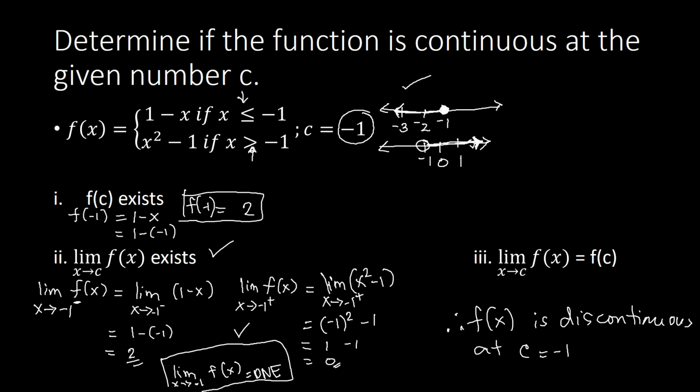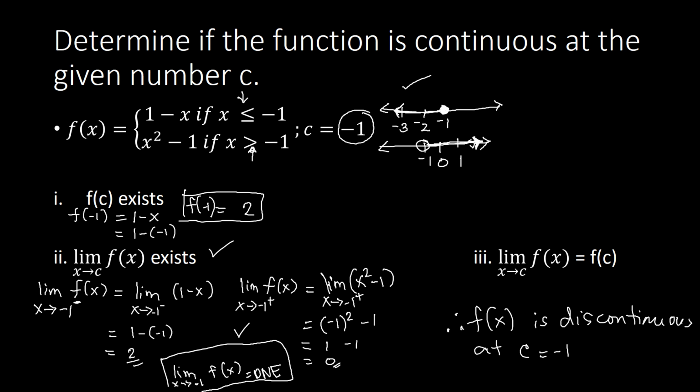Now, the type of discontinuity here: if you have watched the video in which I discussed the different types of discontinuity using the graphical approach, you can click on that video to be guided on how to identify the types of discontinuity. But anyway, I'll talk about it a little bit here.